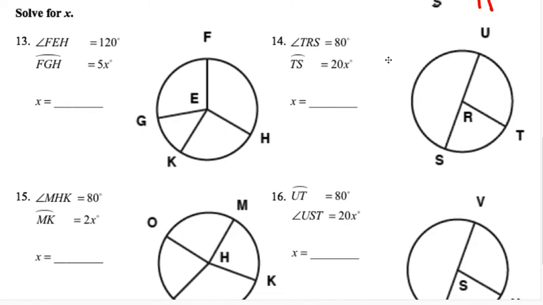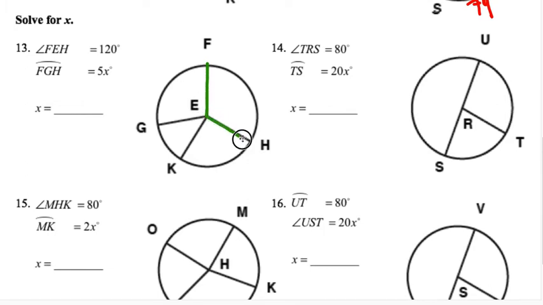Okay, algebra. Angle FEH is equal to 120 degrees. Arc FGH is equal to 5x.